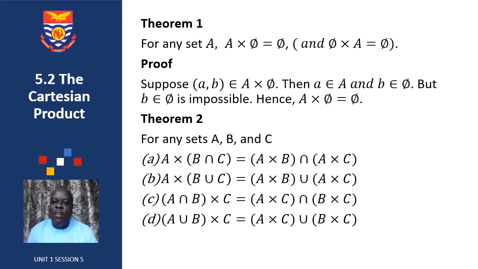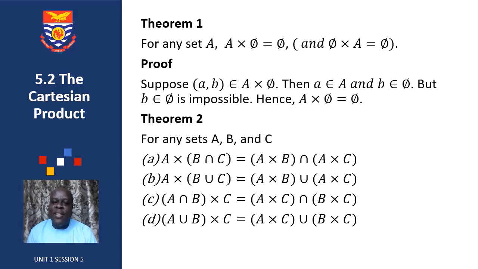A cross (B union C) is equal to (A cross B) union (A cross C).